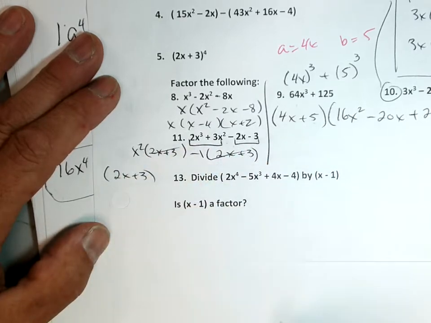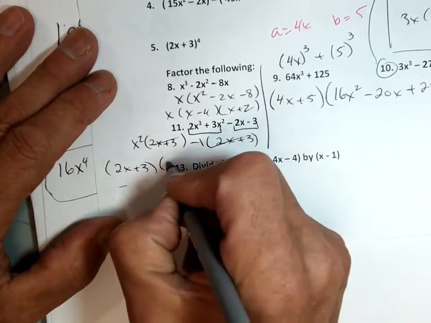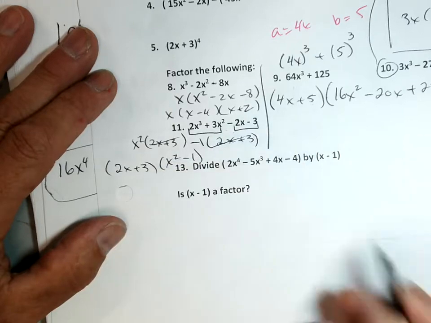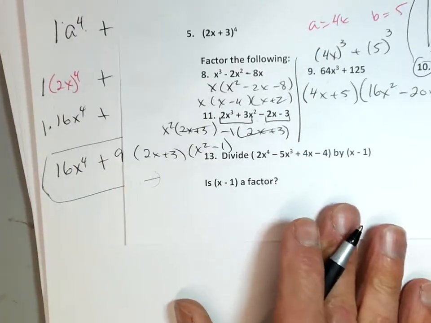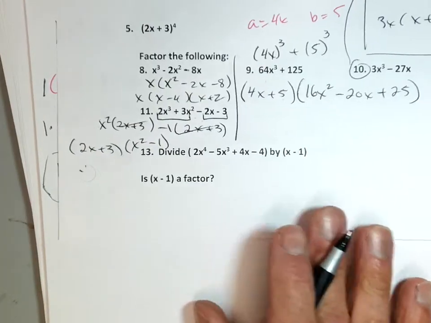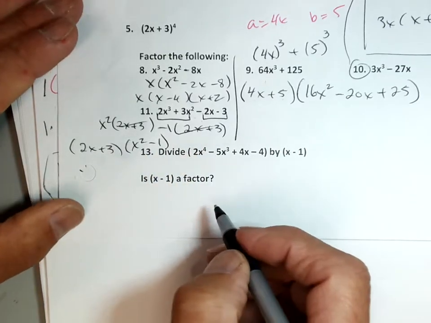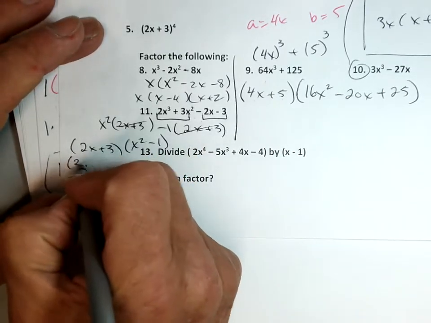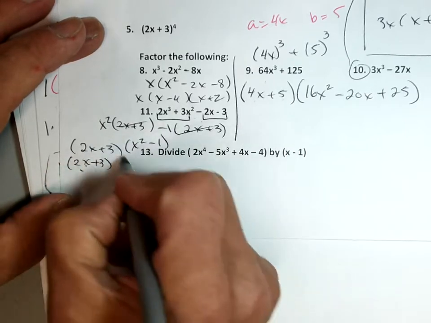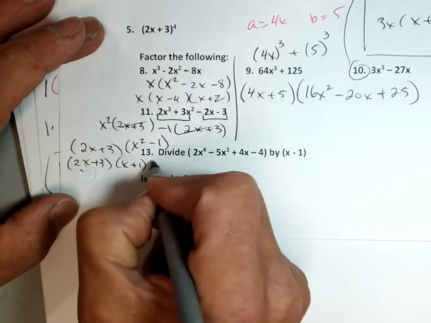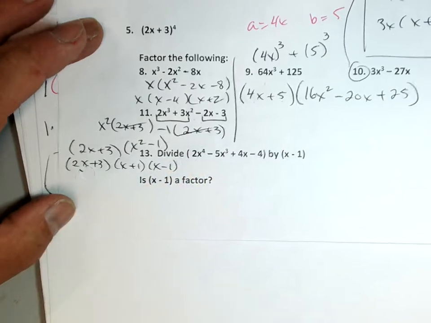If I take that out, I'm left with an x squared minus 1, right? Now, almost done because I can factor the x squared minus 1. So let's see, I'm going to have to squeeze this down below, 2x plus 3, and I'll go x plus 1, x minus 1, okay? How's that?